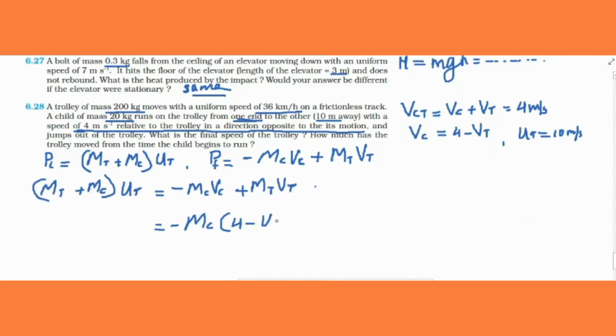Sorry, 4 minus vt. 4 minus vt plus mtvt.